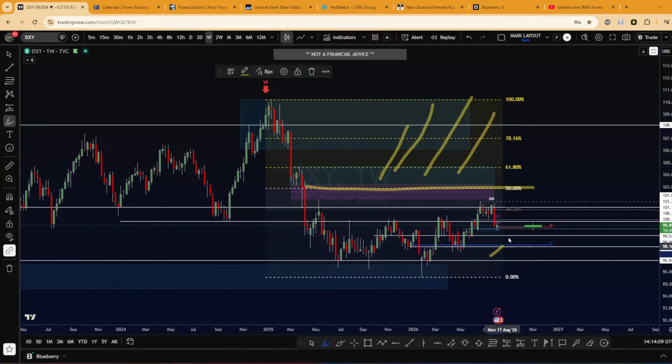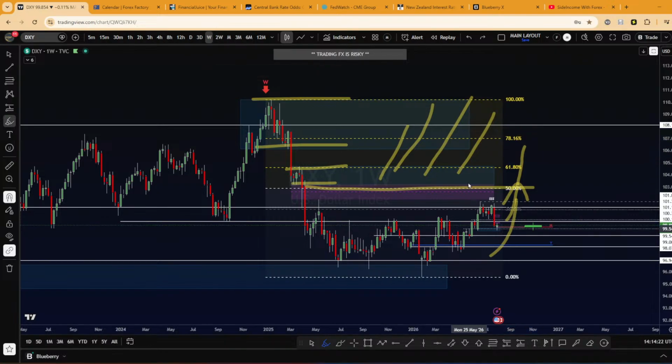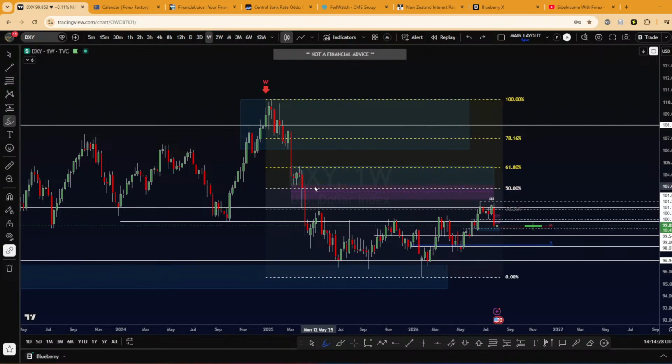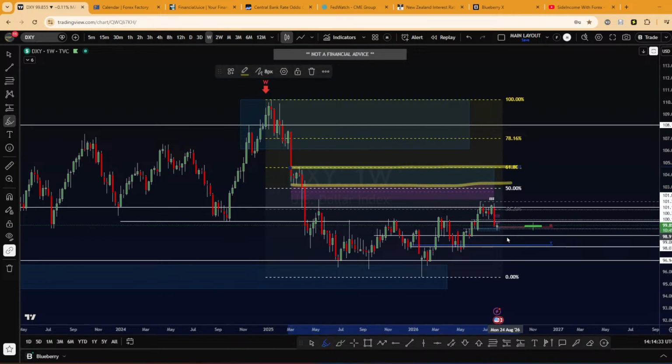This is where I want to see price push. We have this supply, we even have this extreme supply. I'm not saying that price will go even further here, but this is my long-term and average-term target. This will be this supply zone.